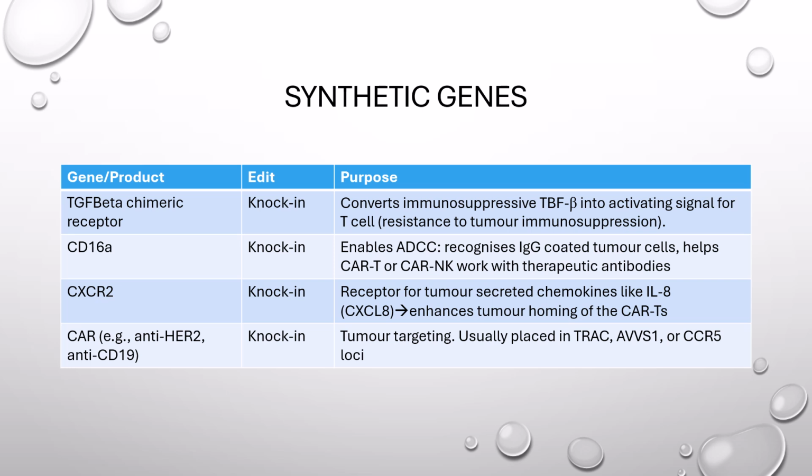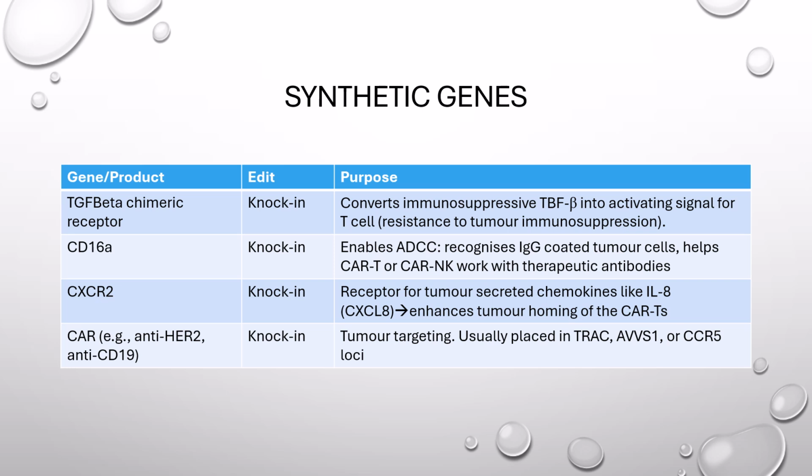So the tumor microenvironment releases these TGF-beta cytokines, or chemokines, and in normal situations that causes the T cells to be switched off, to be inactive, and basically to become a bystander, which is not what we want.